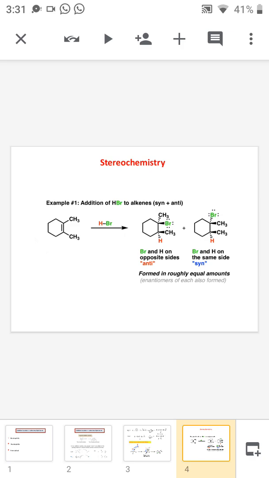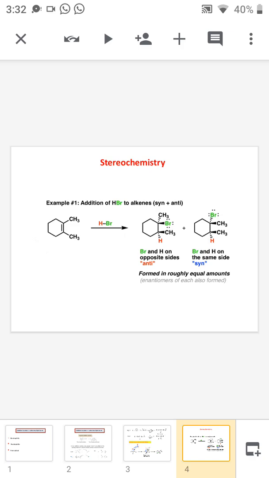Before that, we have to consider that there are two different types of addition in alkene. First one is anti-addition, that means the electrophile and nucleophile attack the alkene in opposite directions.